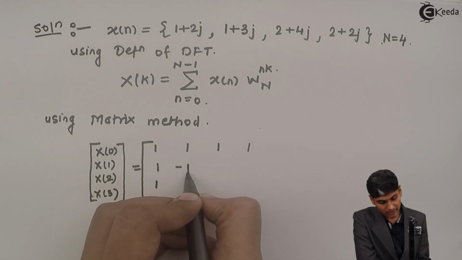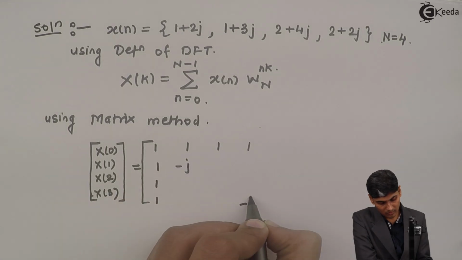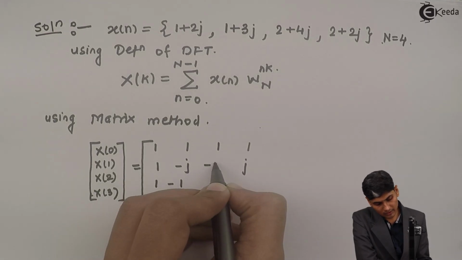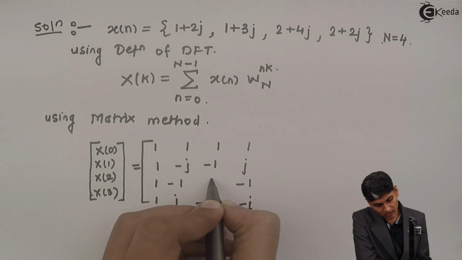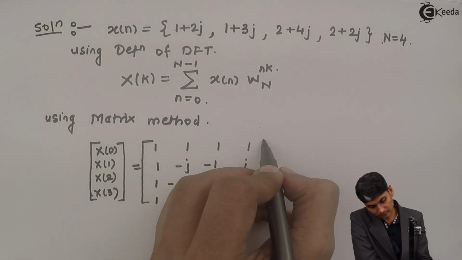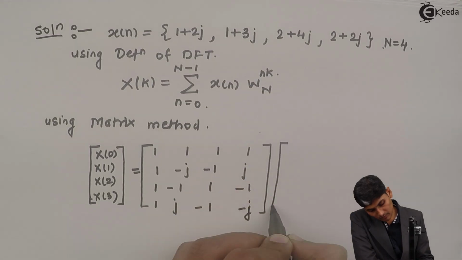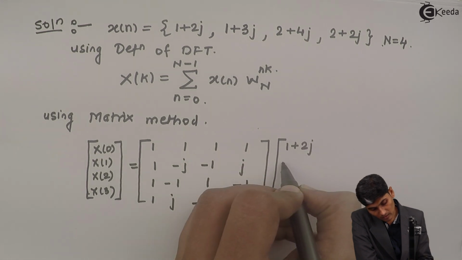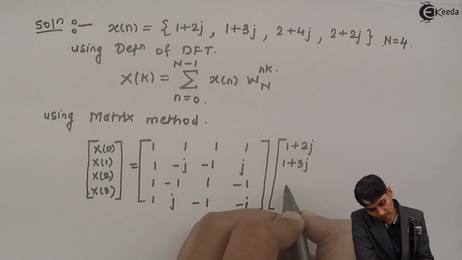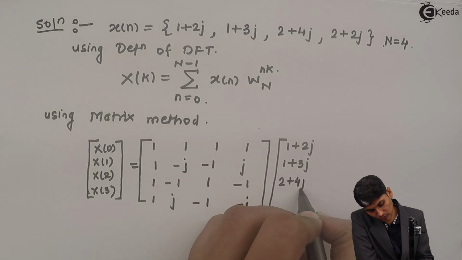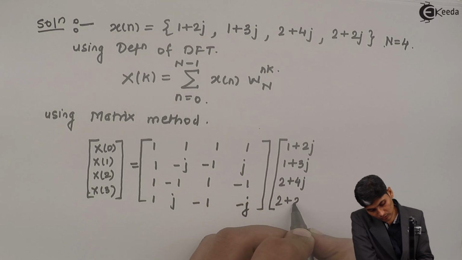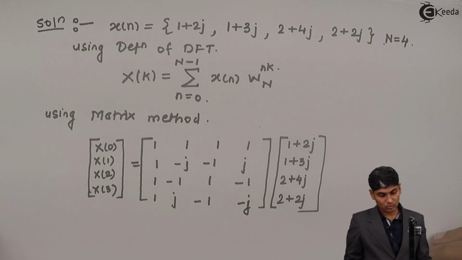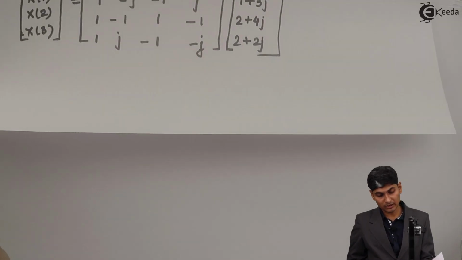Then we have minus j, then we have j, then we have minus 1, minus 1, minus 1, minus 1, and the center element is 1. This will be multiplied by 1 plus 2j, 1 plus 3j, 2 plus 4j, and 2 plus 2j. So let us do the matrix multiplication.